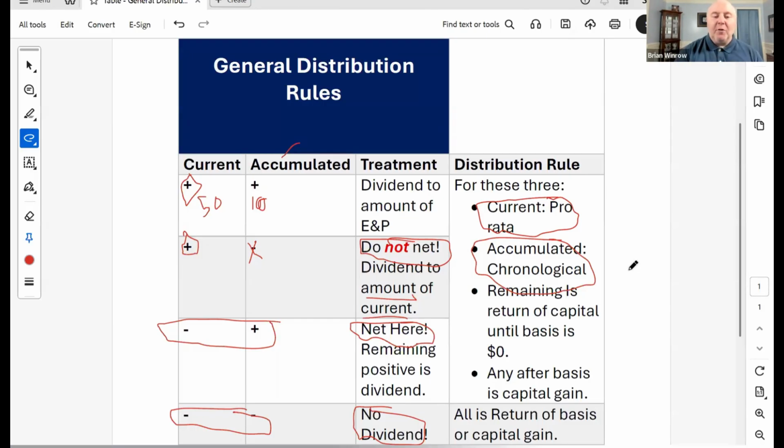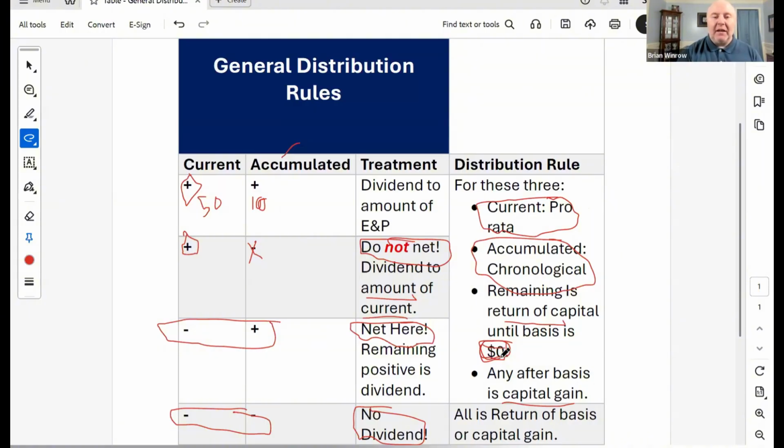Okay, after we've gone through and we've determined what amount is dividends, so we've dealt with all of our accumulated E&P, then we do return of capital until we have a basis of 0, and then anything remaining is going to be a capital gain. So notice this. If you're saying that there's a capital gain, that means your basis has to be 0.